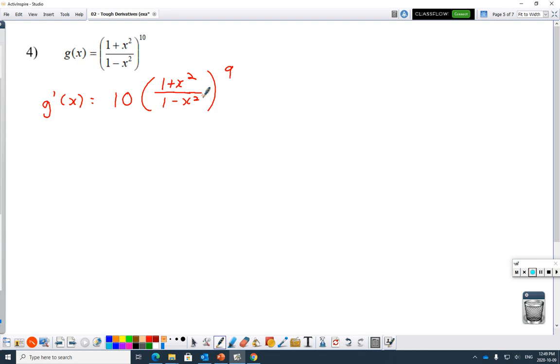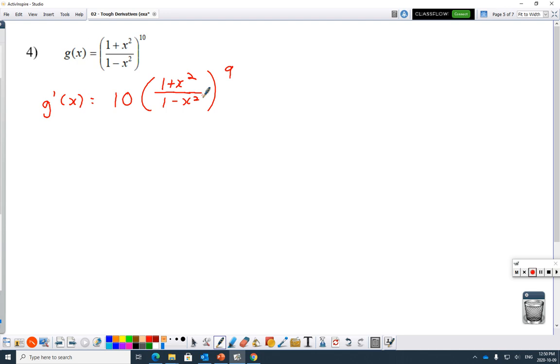I've got more work to do there, but that handles the big exponents right off the hop, which might make you think, well, why didn't you do that before? It only works if both these exponents are the same. If I put a 2 in the numerator and a 7 in the denominator, you can't do this. But when the exponents are the same, maybe dealing with the exponent just like that as a chain rule is a pretty good way to handle it.